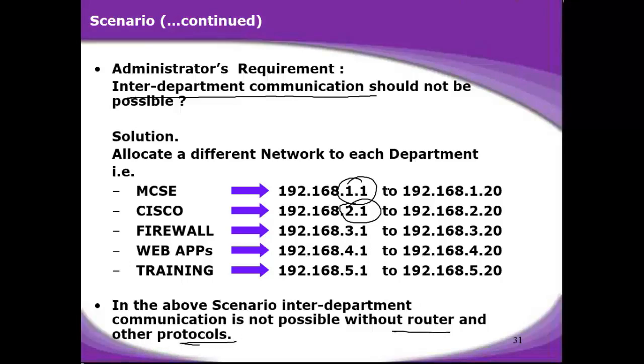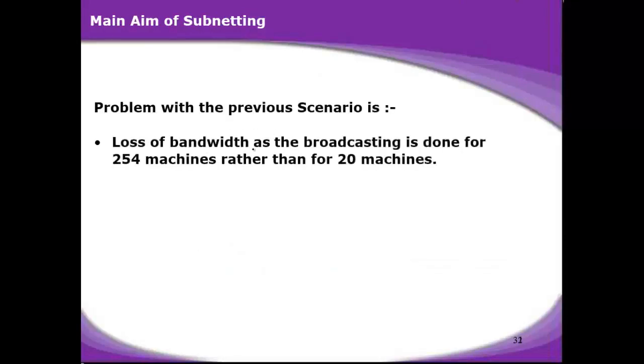But the problem is that you are wasting on bandwidth here. You are wasting on bandwidth because if you want to send a broadcast, then you need to send to 254 hosts that broadcast, because in one class C network there are 254 hosts. So the machine is going to create 254 packets in order to broadcast to all machines, and practically there are only 20 machines.